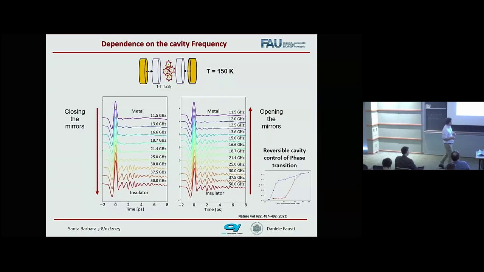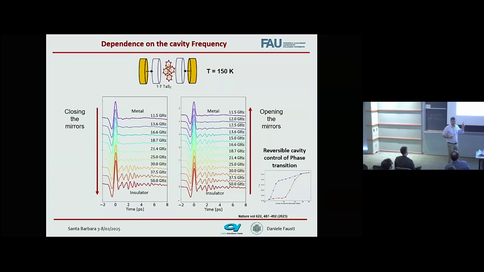So how large is the translation of the mirrors to tune these modes? You can do the calculation: 50 gigahertz, 11 gigahertz. The 11 gigahertz is about millimeters, and 50 gigahertz is about sub-millimeters, but not small.